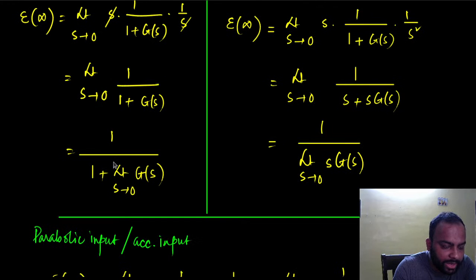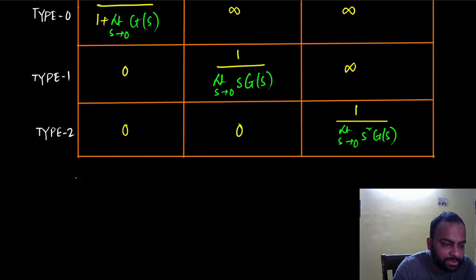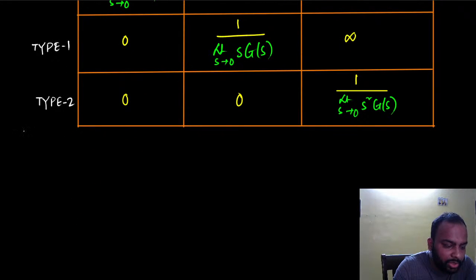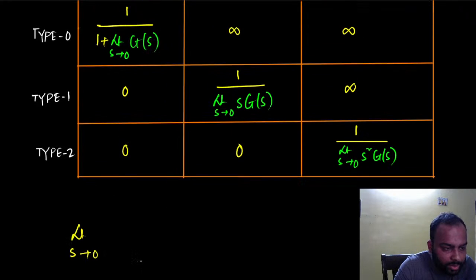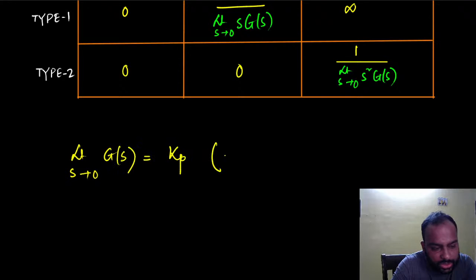So for any system, limit s tends to 0 of G(s) is called the position error constant.